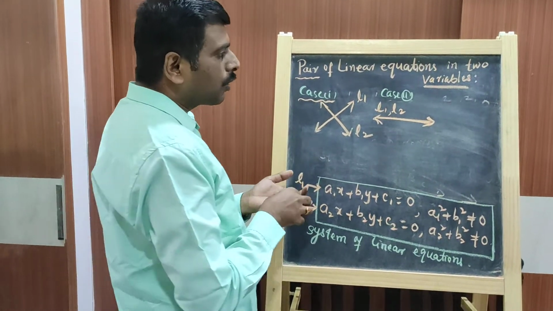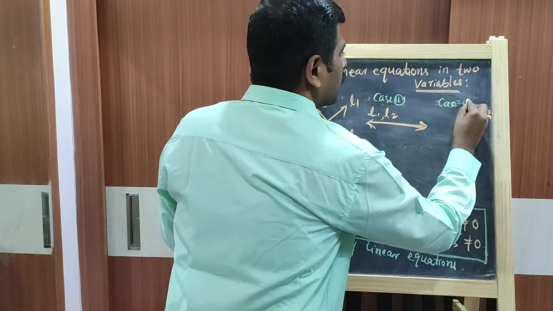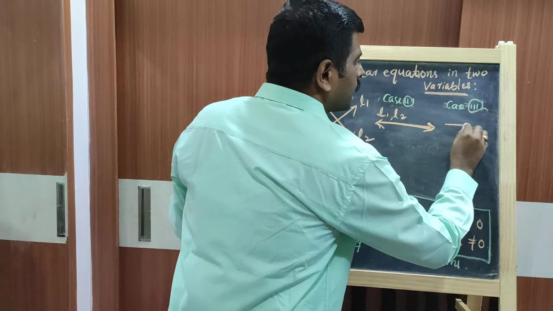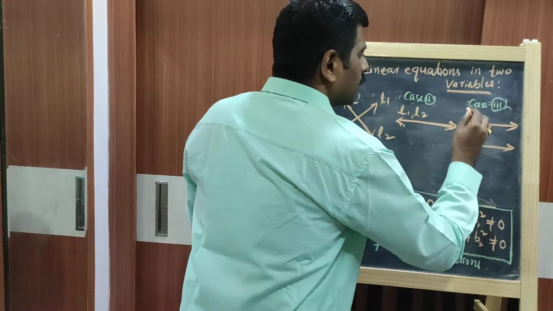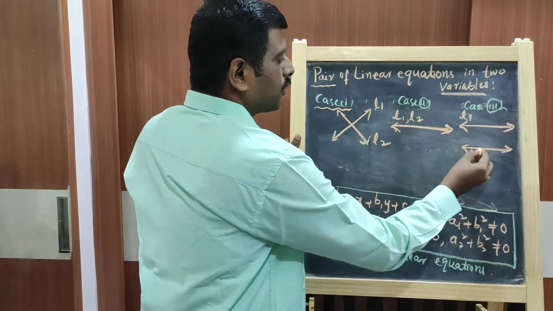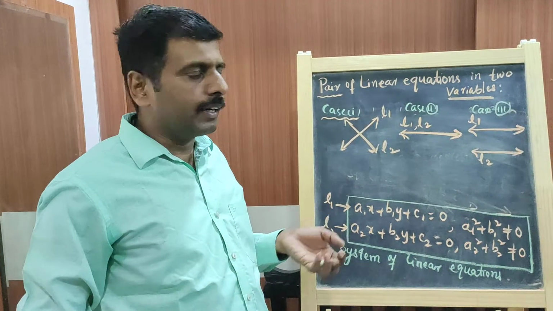Both lines are coincident. Case 3: both lines do not intersect. This is L1, this is L2. These are the only three ways we can represent them graphically.